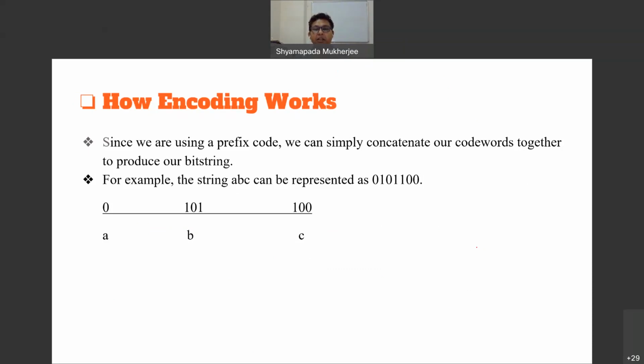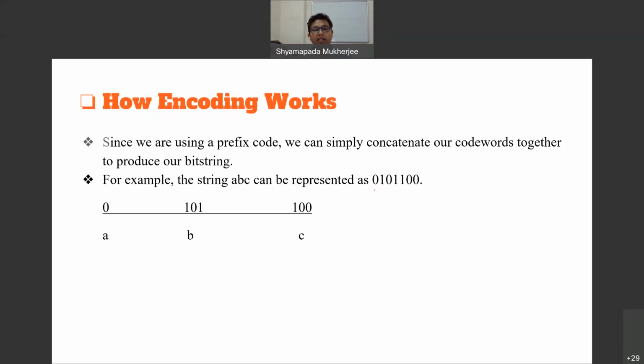That's why prefix code is the idea. In a prefix code, we can easily identify the initial code word in the compressed file, and then the next code word can also be identified easily, because no code word is a prefix of any other code word.